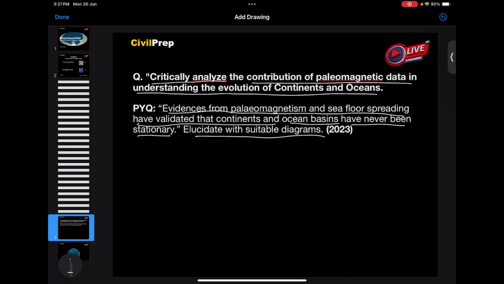Okay, friends, so let's start writing the answer for this question. Here we are looking at something from the paleomagnetic data. We will start from a research perspective, that is, research by Crosswick.